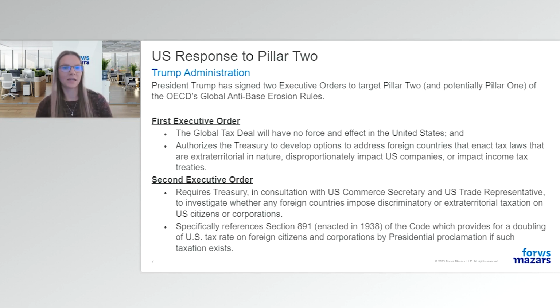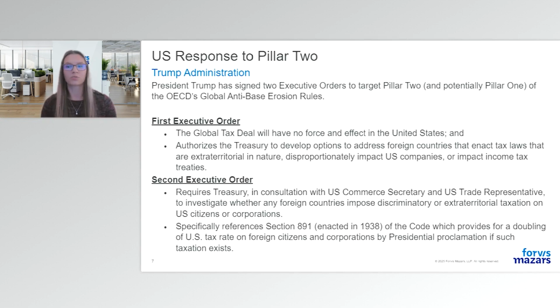The second executive order was titled the America First Trade Policy, and it contained a number of provisions, but importantly, in subparagraph J of Section 2, it called for the Treasury, along with the U.S. Commerce Secretary and U.S. Trade Representative, to investigate whether any foreign countries impose discriminatory or extraterritorial taxation on U.S. citizens and corporations.